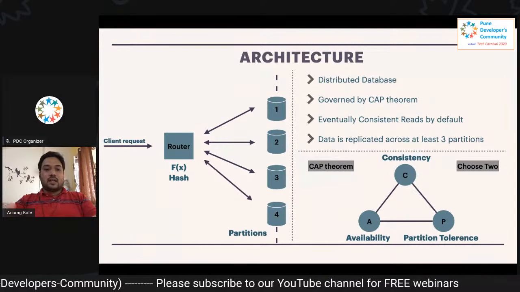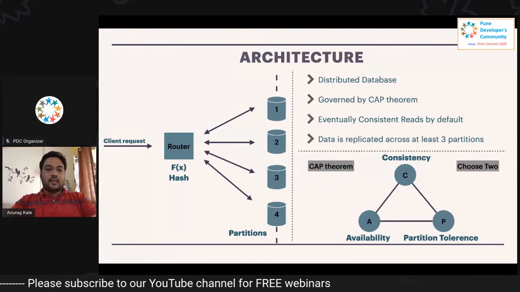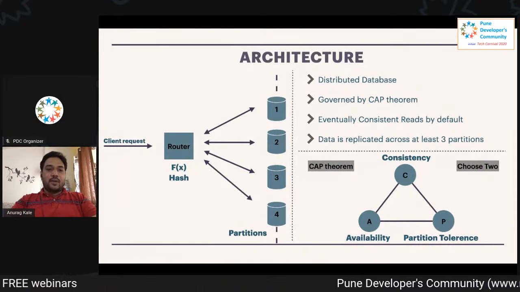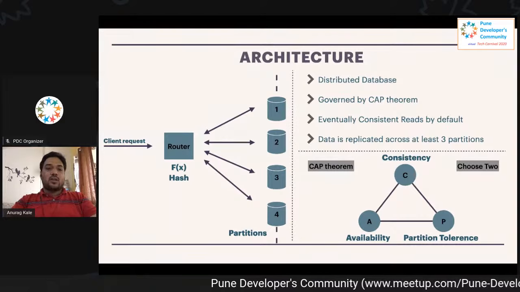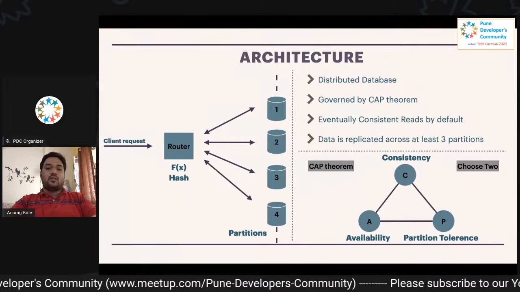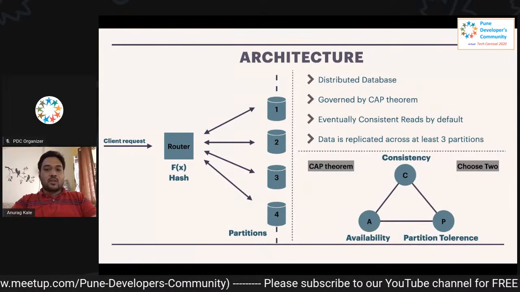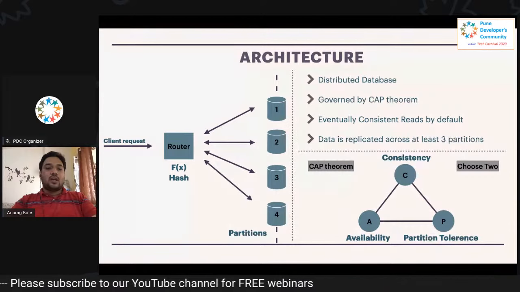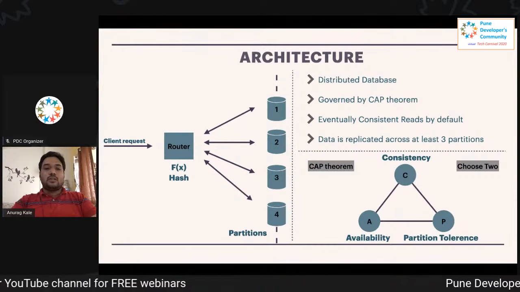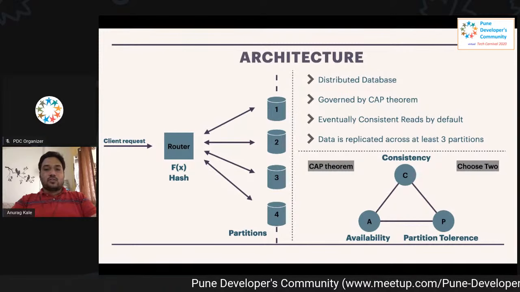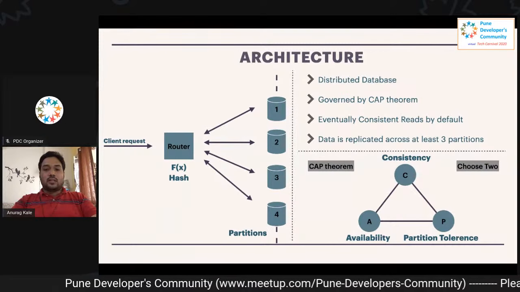Whenever there is a client request, the header, which generally is the primary key, is hashed, and depending on the value of that particular hash, the router will send your request to the appropriate node. Now, this hashing is in constant time, which means in terms of complexity, it is an O(1) operation. We will dive deep into it in the next session.